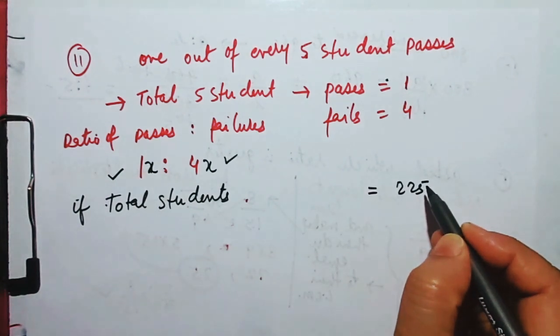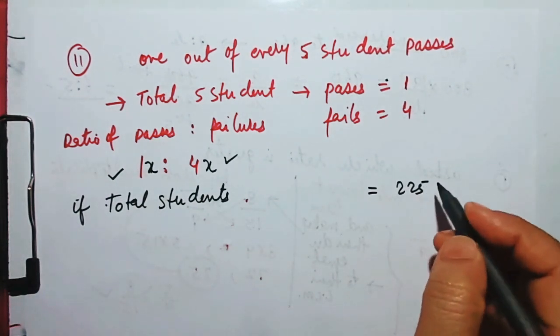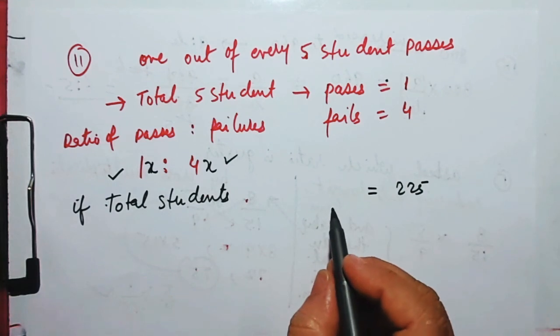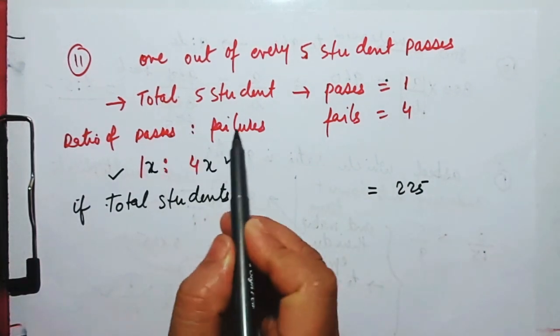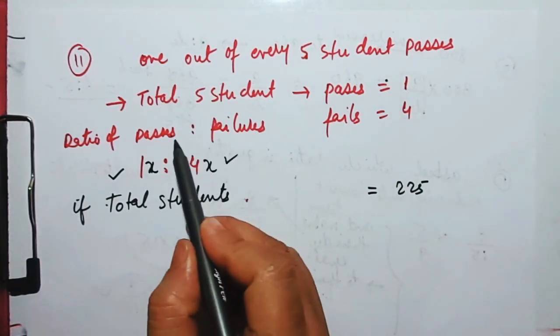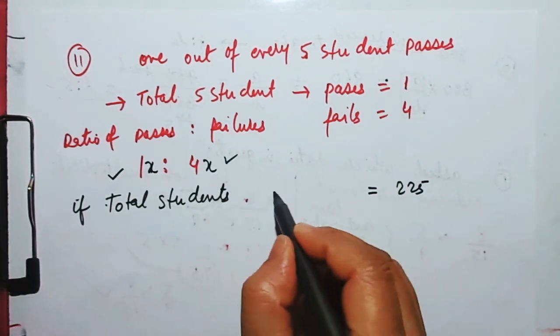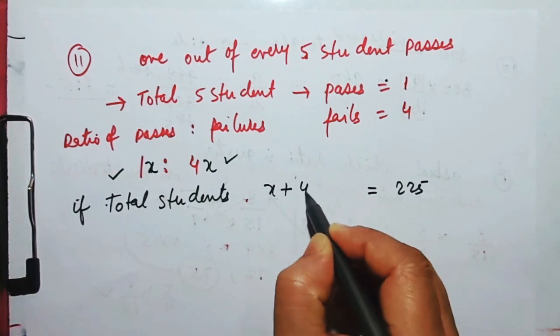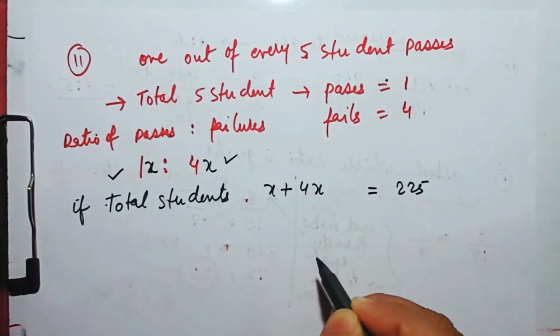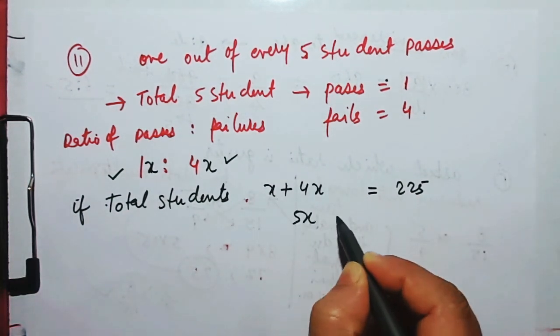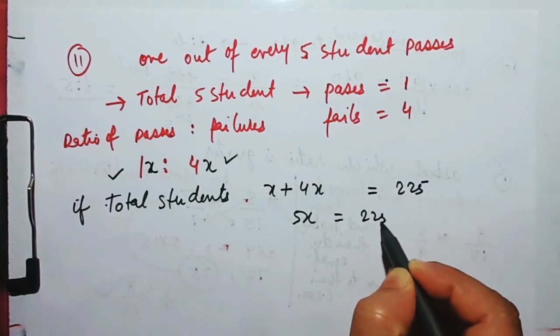Total students is both passes plus failures, which means x plus 4x is equal to 225, or 5x is equal to 225.